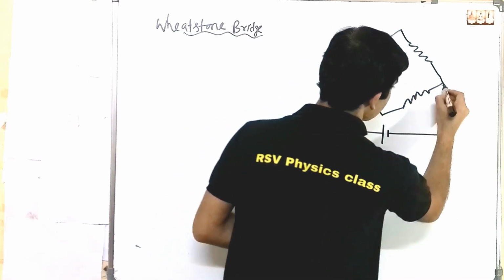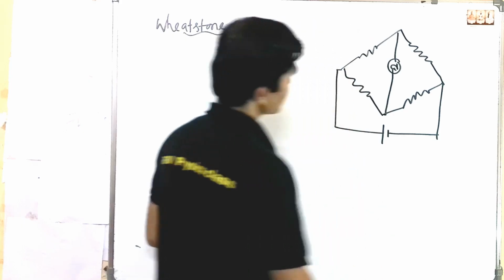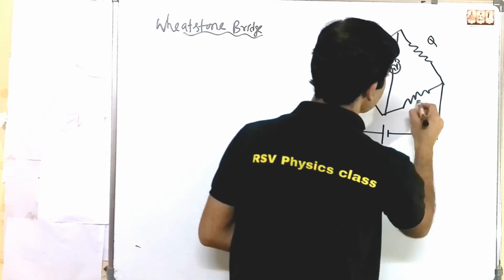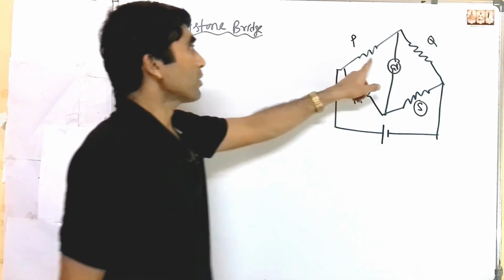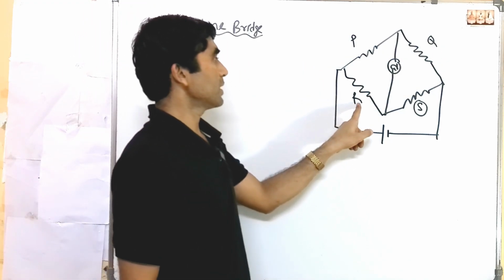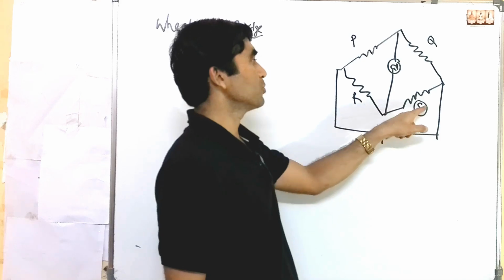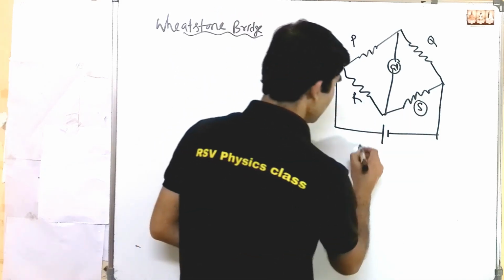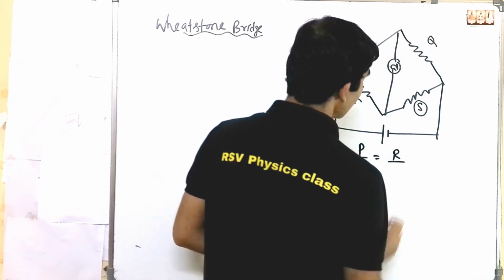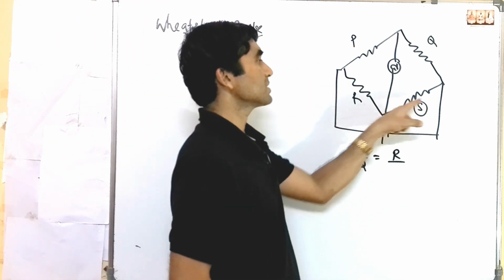Here voltage is connected and there is a galvanometer between this. So this is resistance P, this is Q, this is R, S, okay. So one combination of P and Q you just choose, then R is your known resistance. By finding this combination, this P by Q ratio, you know, known resistance, and R you also know. Then in a certain condition you can find out the resistance.